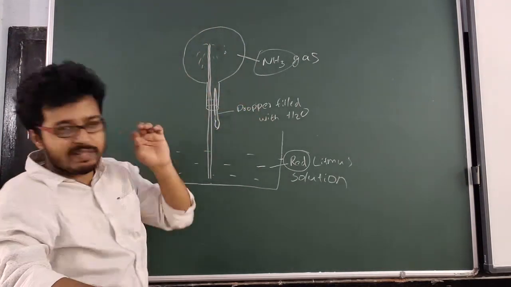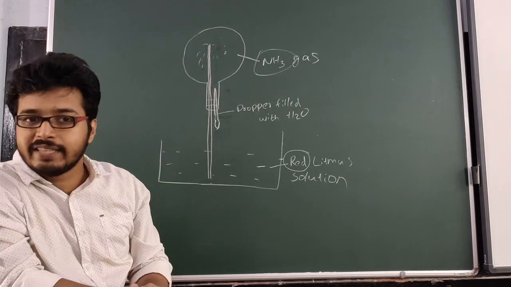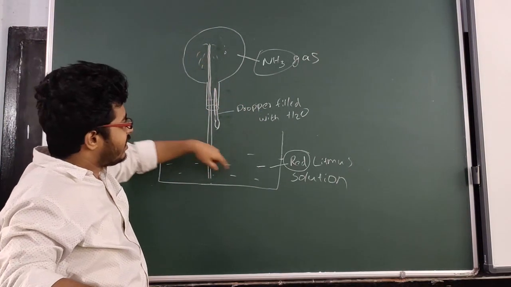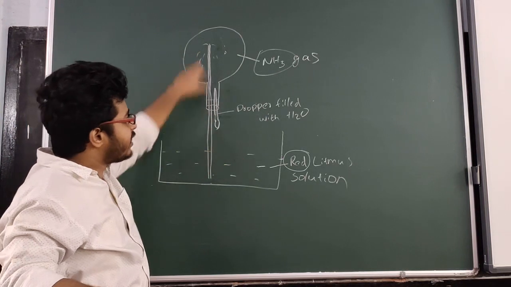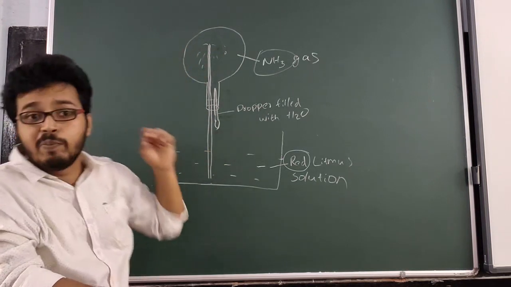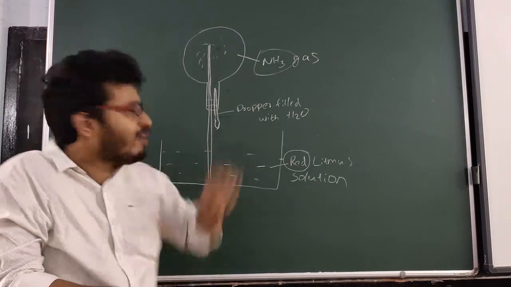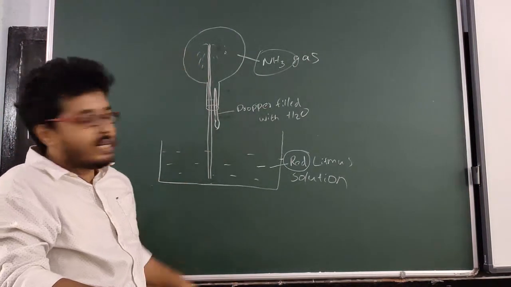But there was only one change in observation: instead of a red fountain from the blue litmus, it was the red litmus solution turning into a blue fountain that was observed from the top of the glass tube.